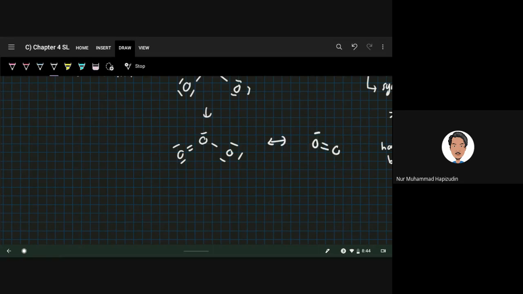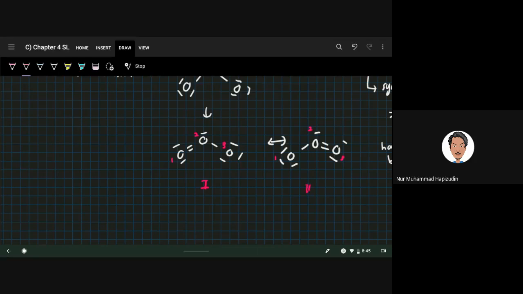Oxygen, double bond. Boleh tak macam tu? Boleh kan? Boleh. Ni oxygen. Ingat this is not rotation. But double bond change the position. This is oxygen 1, oxygen 2, oxygen 3. From structure 1, double bond is located in between oxygen 1 and oxygen 2.